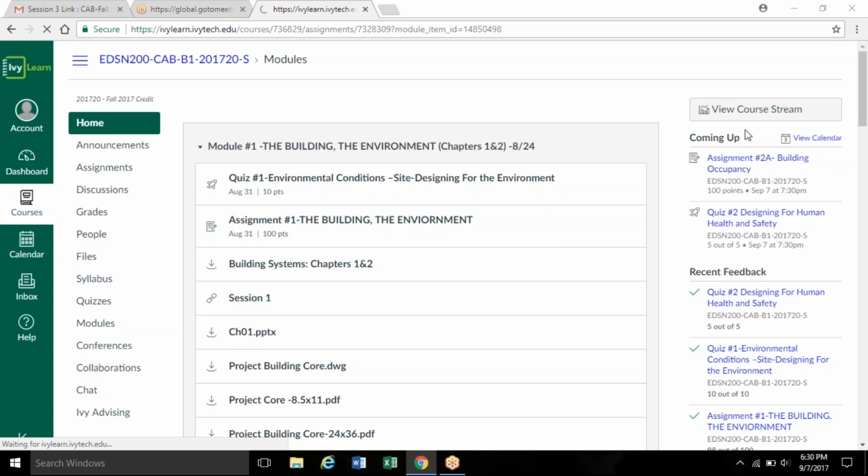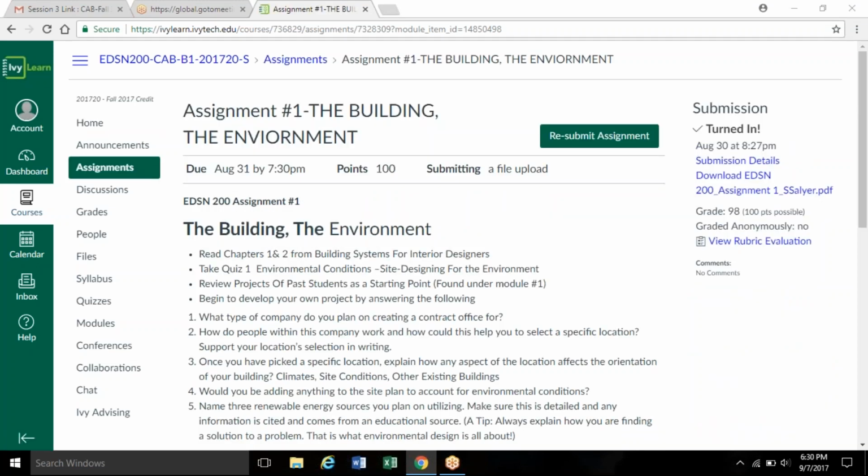So Sam's just walking through how to view my feedback on your homework for those of you who are just joining. She clicked on assignment 1. She's clicking on submission details in the upper right-hand corner.